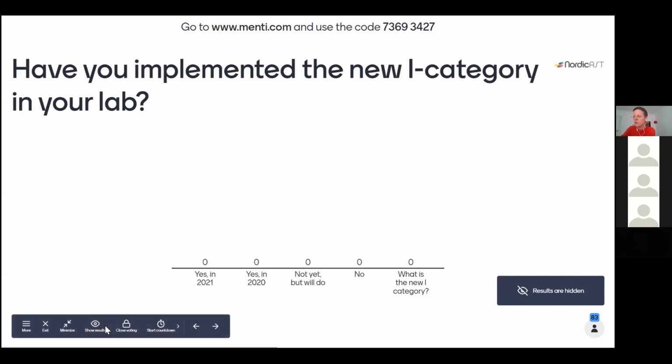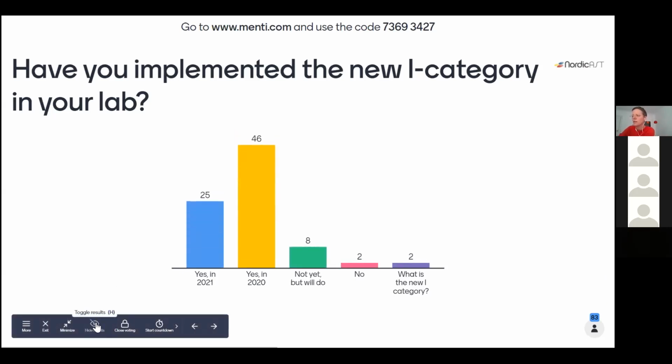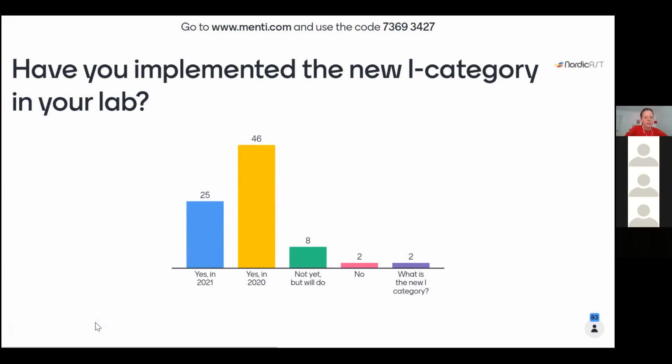Should we see the results? All right. So many have implemented in 2020 and also many in 2021, and 8 labs or 8 people are working in labs which are on the way. I think that is fine. Let's go to the next question.